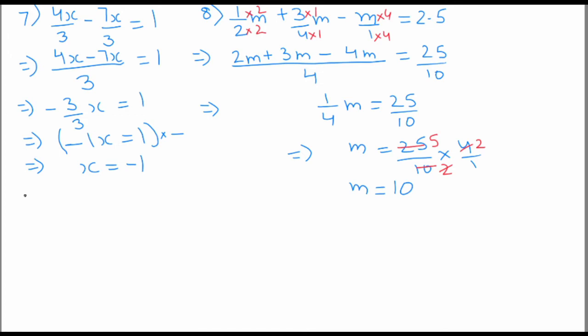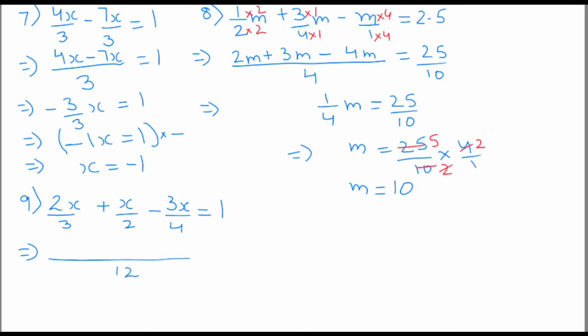Coming to the ninth sum. Our ninth sum is 2x over 3 plus x over 2 minus 3x over 4 equals 1. And the LCM of these three numbers, check it in the rough, you will get 12.